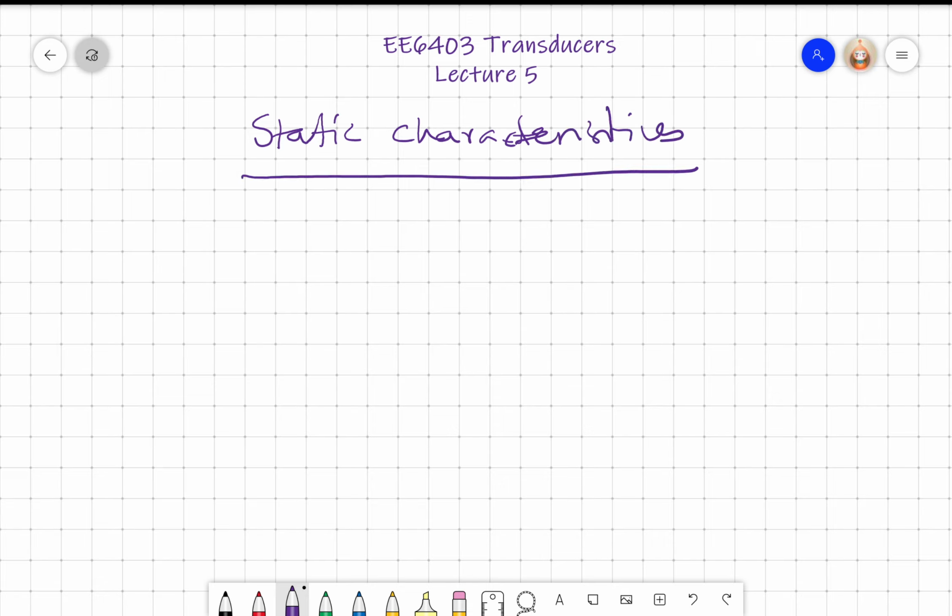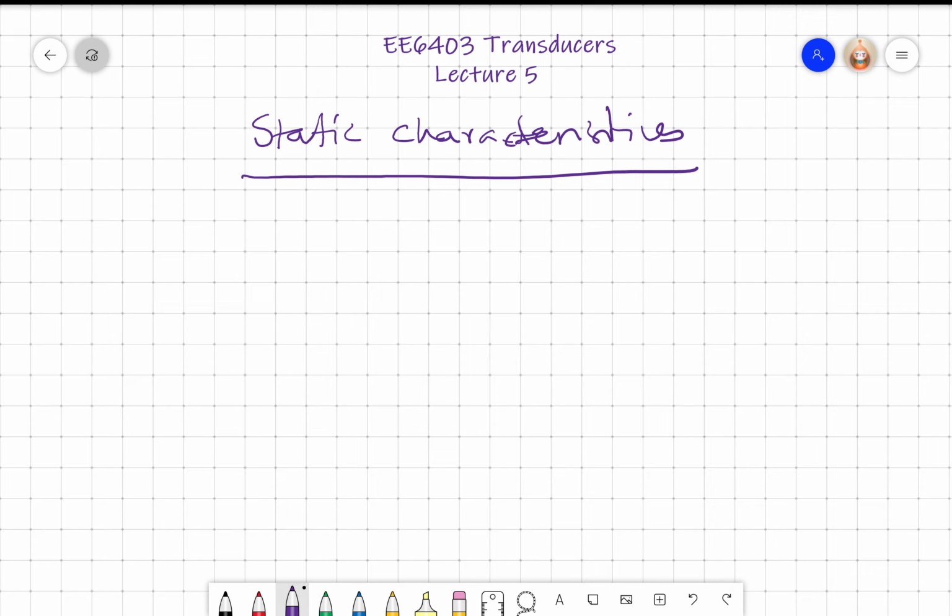The static characteristics, as the name indicates, are the characteristics of the transducer for an input that doesn't change with respect to time. Or as electrical engineers, we can say it's a DC characteristic, where my input is DC and I look at my output.